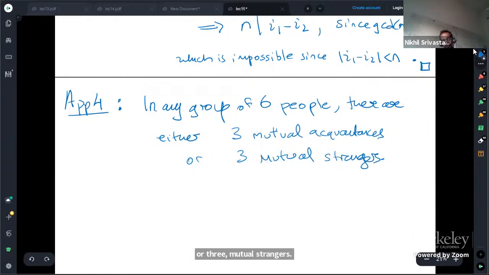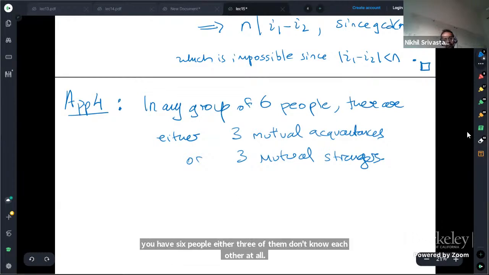Okay, this is a fact, this is a theorem. Anytime you have 6 people, either 3 of them don't know each other at all, or 3 of them all know each other.